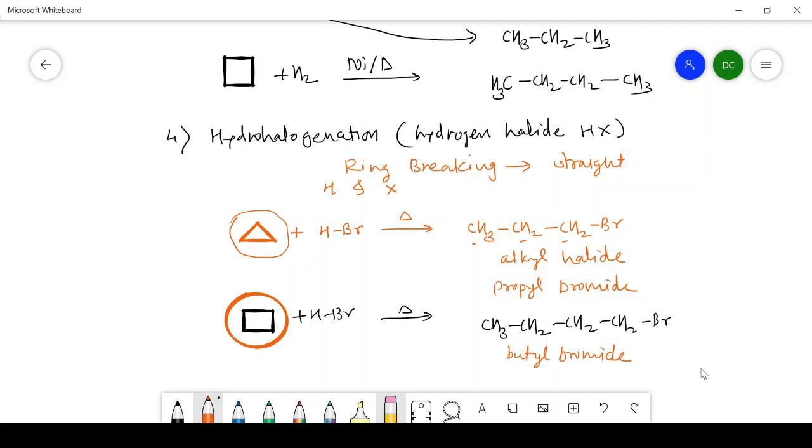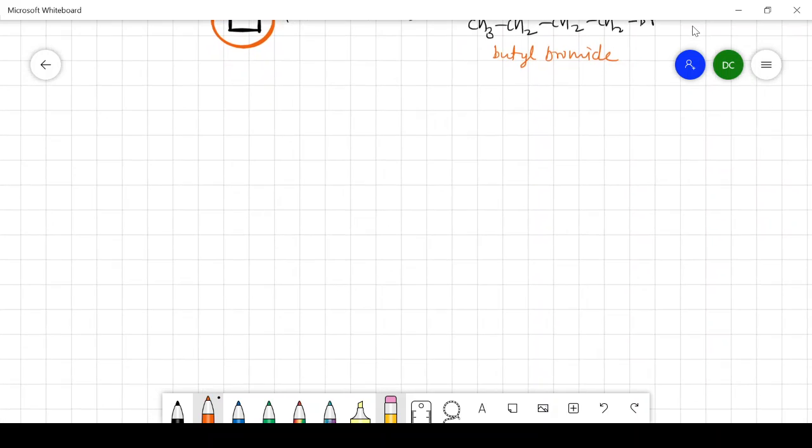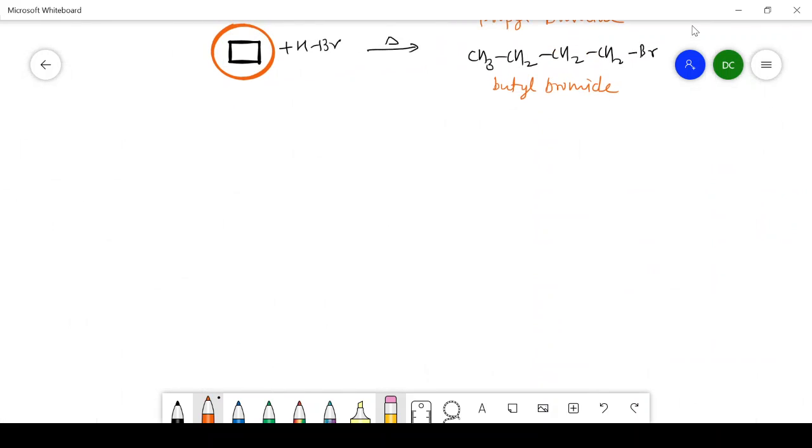And the last reaction which is shown by cycloalkane is action of heat. Now, action of heat means when the cycloalkanes are heated, what will happen? So I will take the example of cyclopropane.